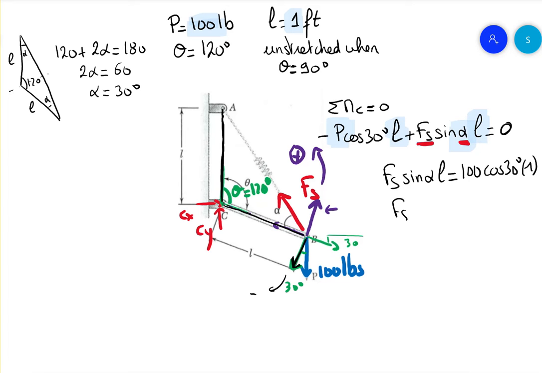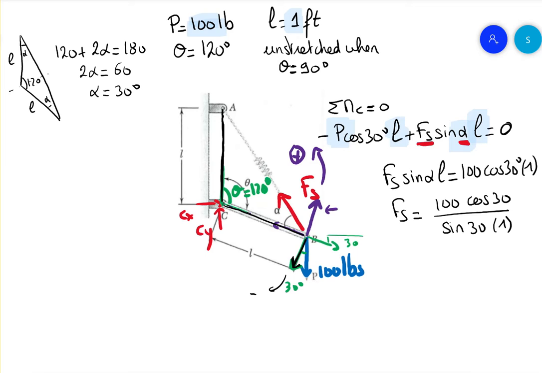So we have the force of the spring equal to 100 cosine 30 divided by the sine of 30, and L, that's 1 also. So we have just 100 divided by tangent 30.